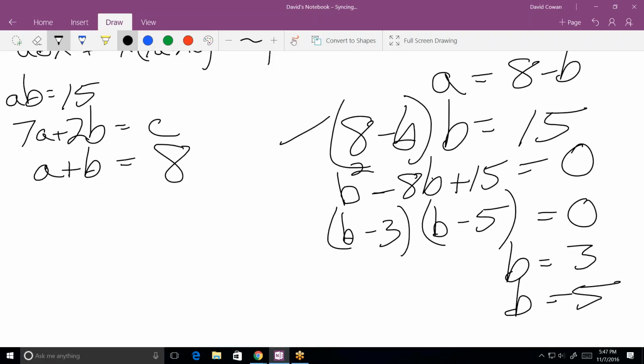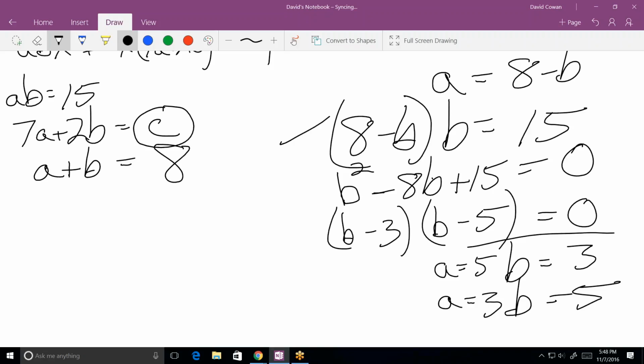Okay. And now we know, first of all, when b is 3, a is 5, and when b is 5, a is 3, right? So let's put both of those. So a is 5 or 3.